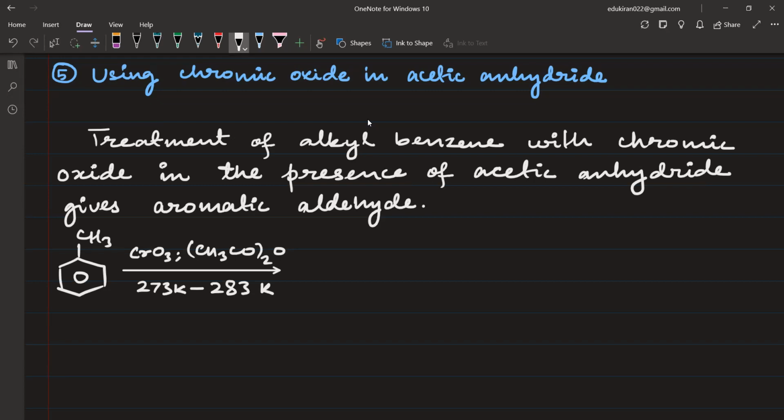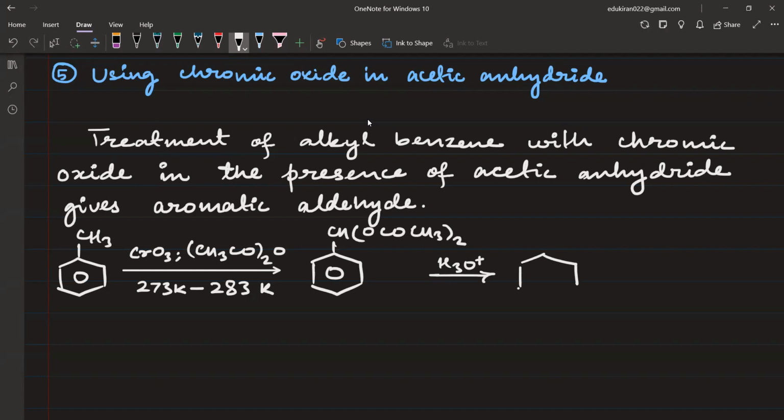Okay, between 0 to 10 degrees Celsius. And then we get CH(OCOCH3)2. And when we do hydrolysis, it is going to give me CHO plus 2 carboxylic acid.